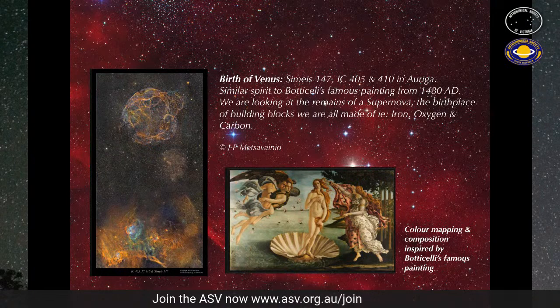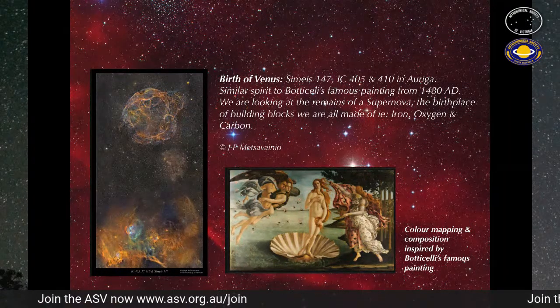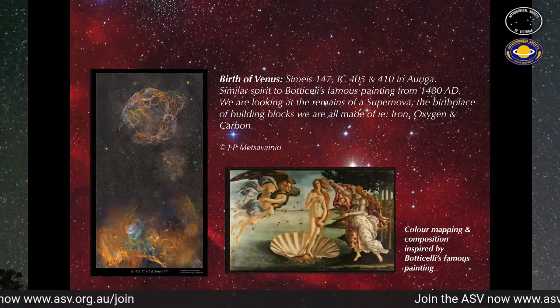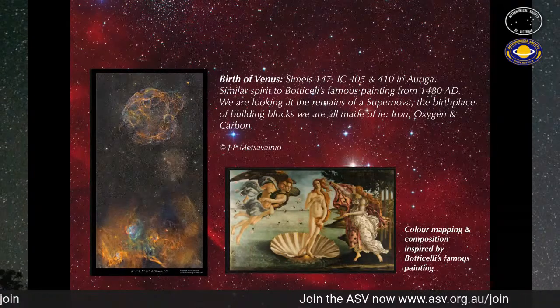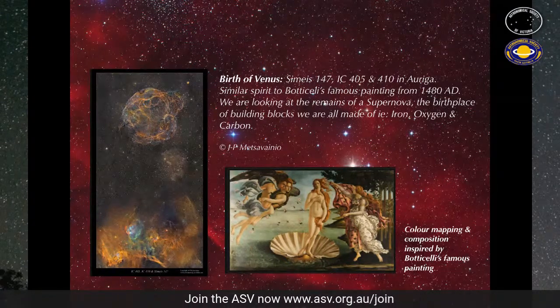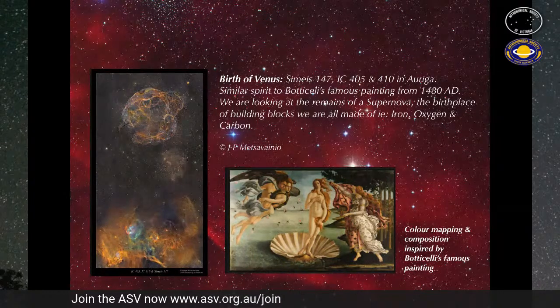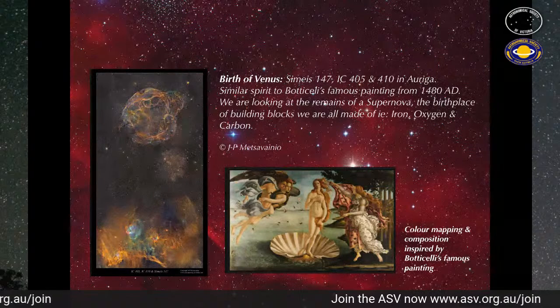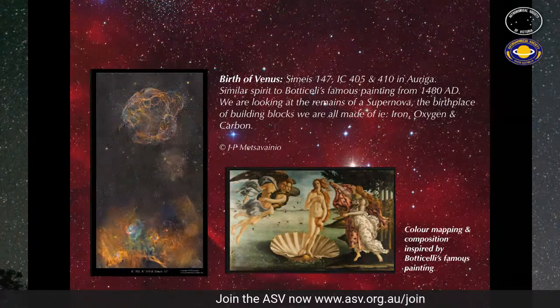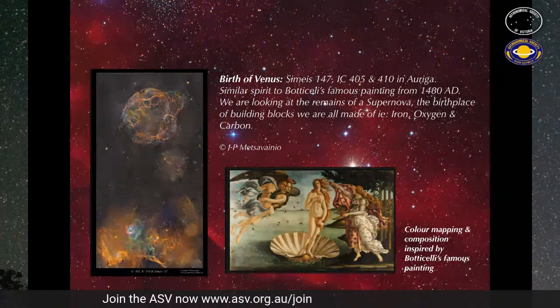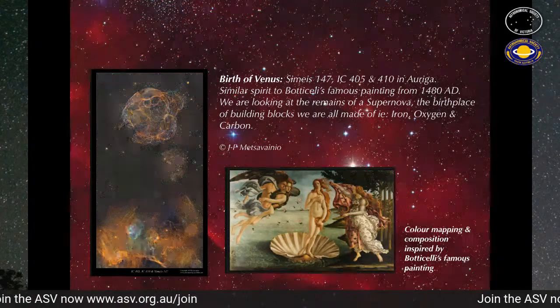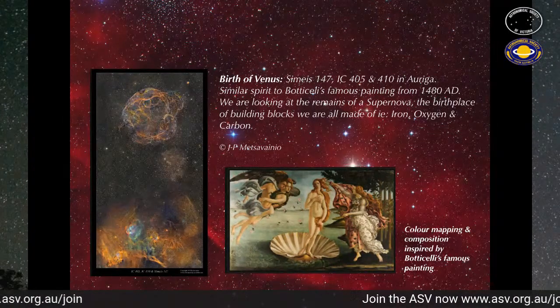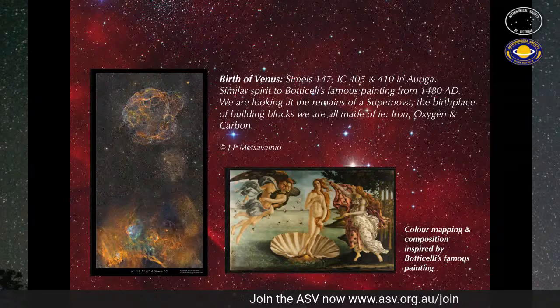This is Botticelli's very famous painting that you'd all be familiar with, or perhaps seen it in a book or even in an art gallery. But his version of IC 405 and 410 is not dissimilar. It's somewhat reminiscent of the composition of the painting. So it's pretty cool to be able to see this sort of thing and hit these emotional triggers that we all carry.